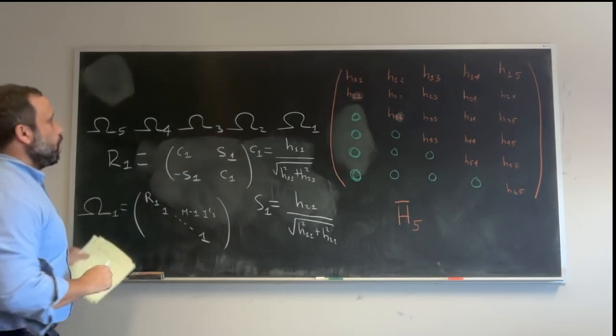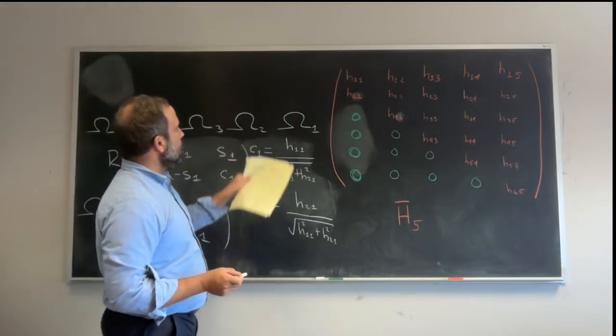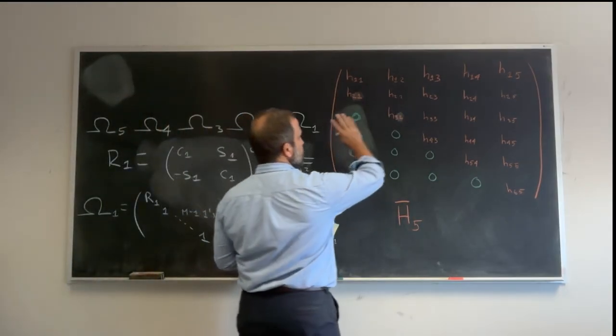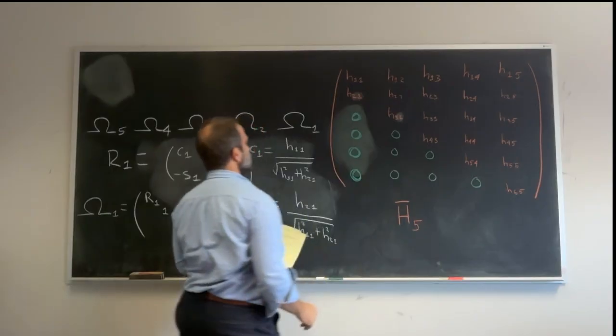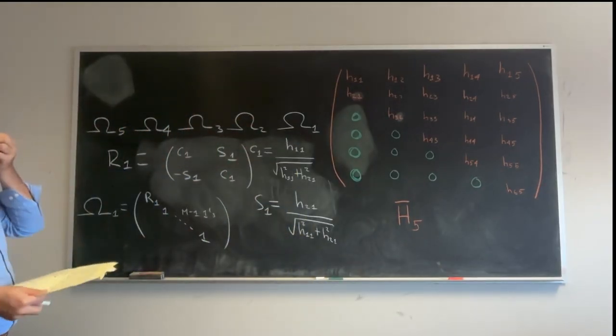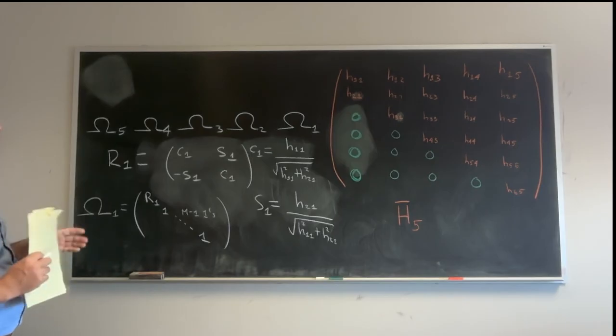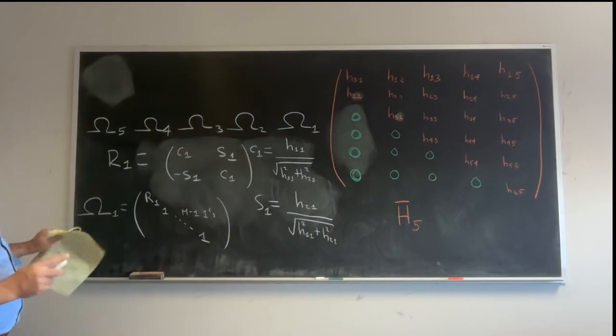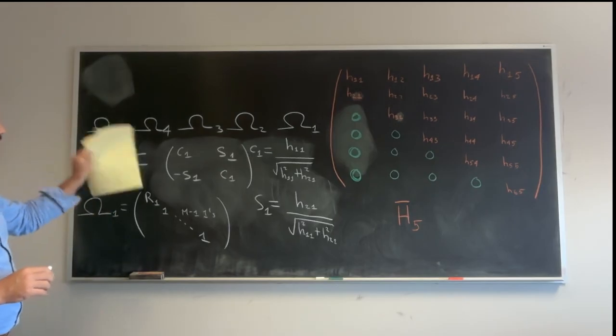So that's omega 1. When I multiply omega 1 by this matrix, every entry, or rather all of the columns in the matrix, are going to be affected by omega 1. Okay, so that's omega 1.